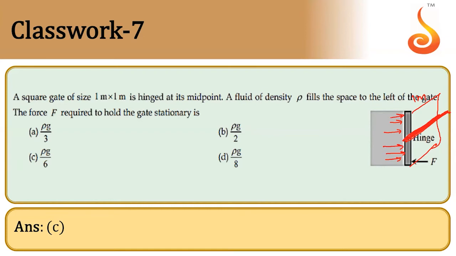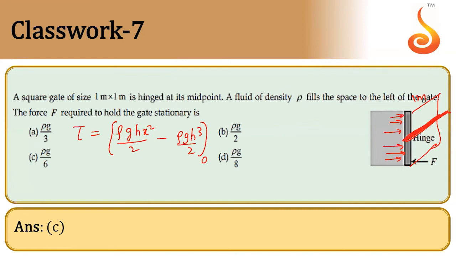Now I asked you to remember this formula. Torque equals, before you apply the limits, the integral of rho g h x minus rho g x square by 2, that is rho g h x square by 2 minus rho g h cube divided by 2. The limits I gave were 0 to h.